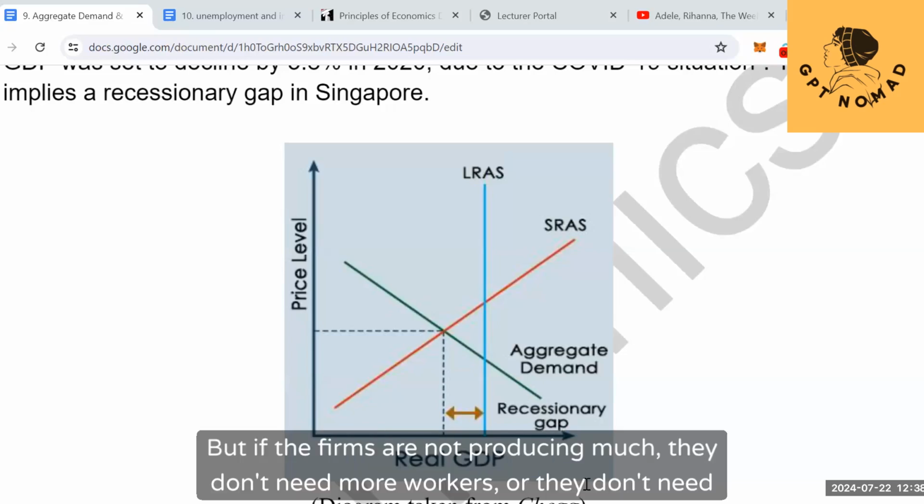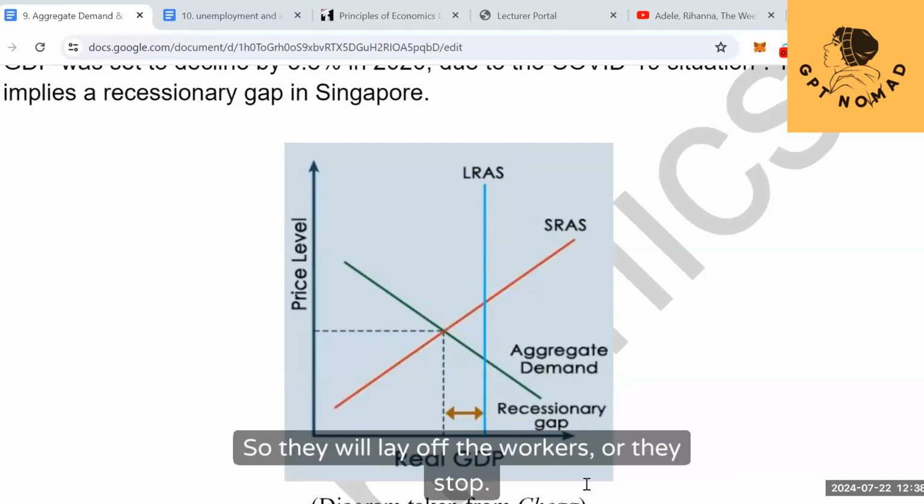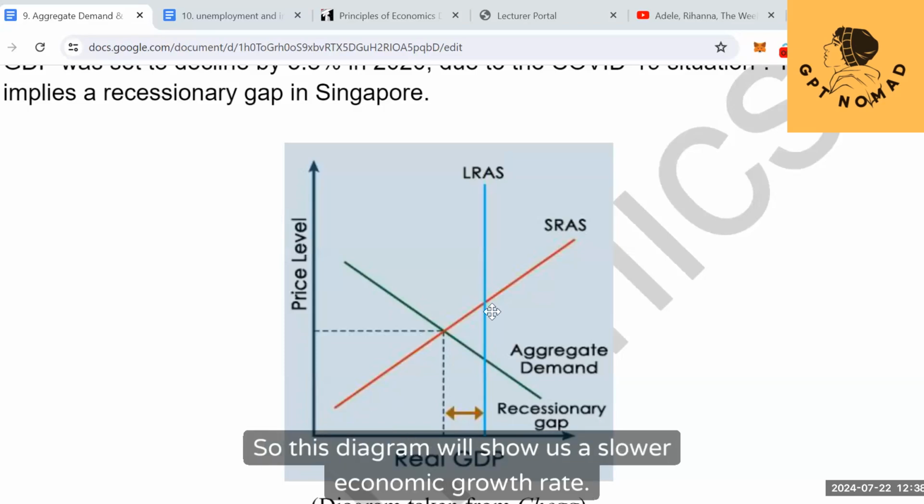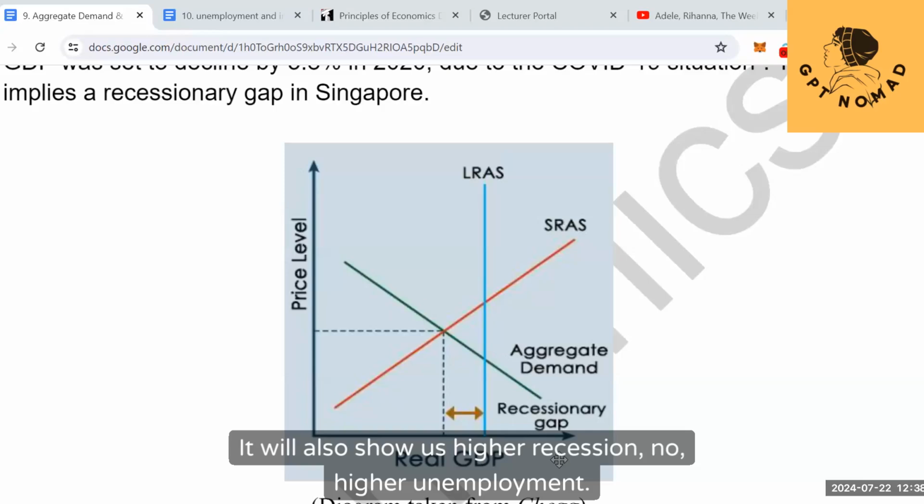But if the firms are not producing much, they don't need so many workers, so they will lay off workers or stop hiring. There will be more workers left unemployed. So this diagram will show us a slower economic growth rate and also higher unemployment.